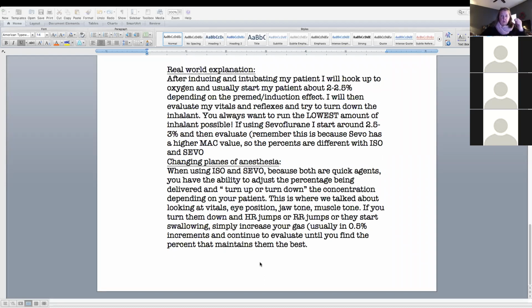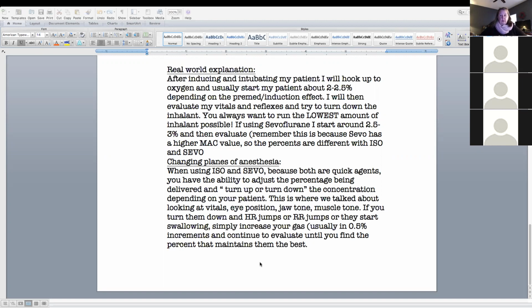I usually do that before a fluid bolus, because these are such potent vasodilators that a lot of times just turning down the inhalant improves the blood pressure. Sometimes I will turn them down and give a fluid bolus. But typically, one of the very first things is you've got to turn down your gas, because the higher they are and the longer they're on, the more the blood pressure is going to continue to go down.